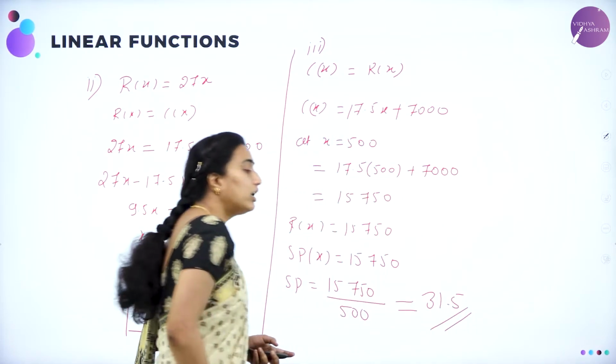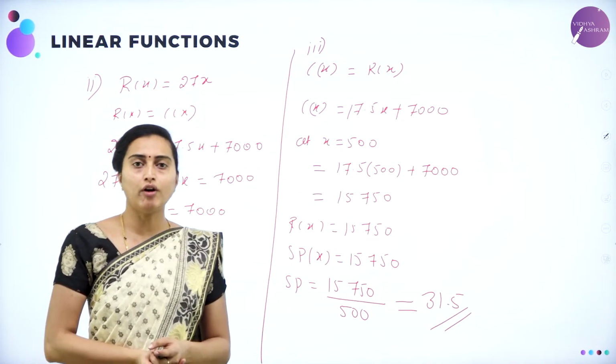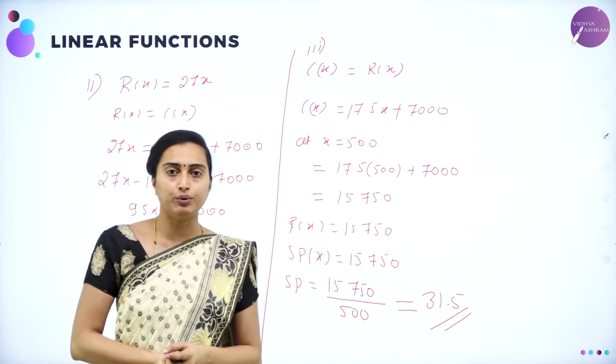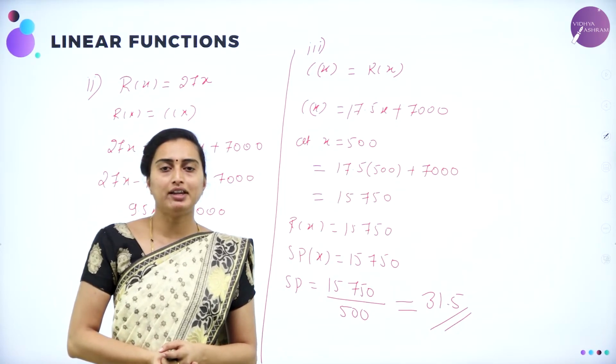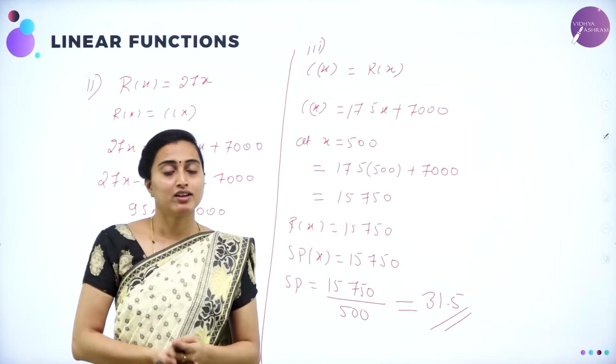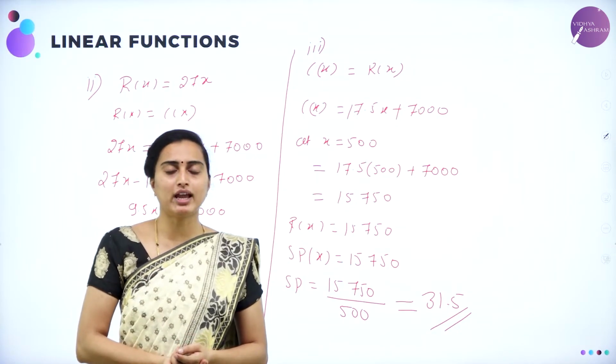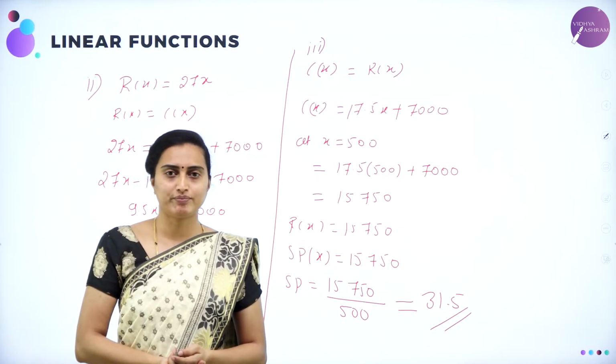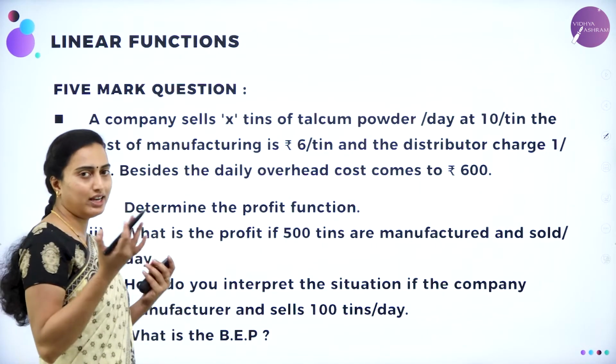So therefore, if you have a selling price of 31.5 per unit, the company will guarantee no loss. I hope you got this one, how to calculate the third one. Now, we'll move on to the next question, dears.